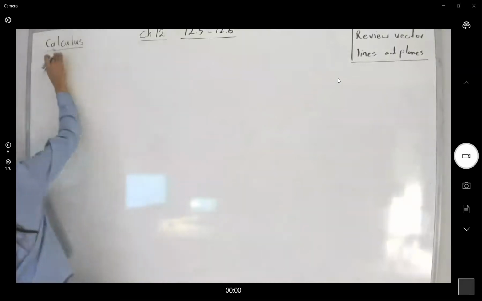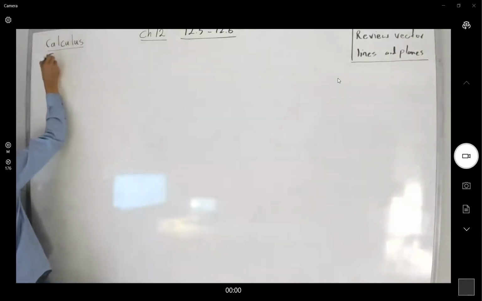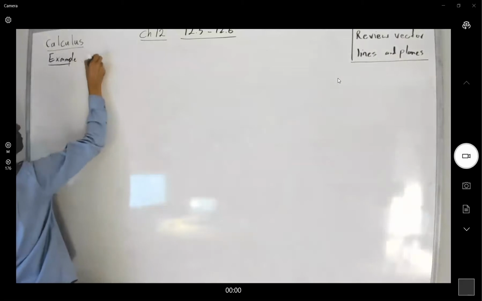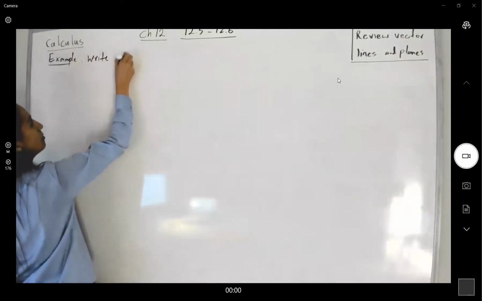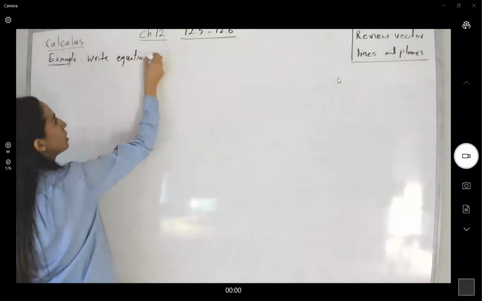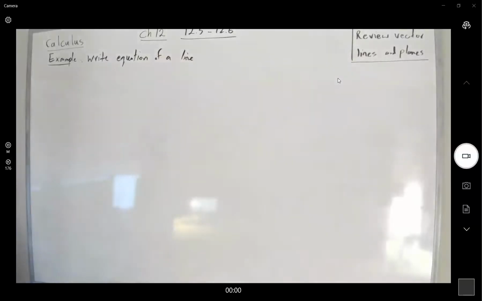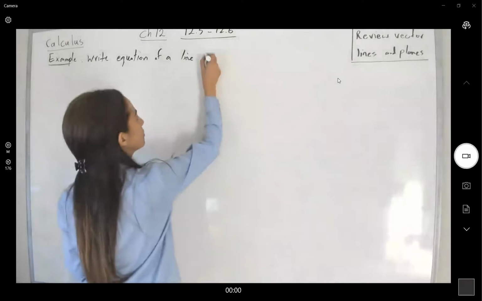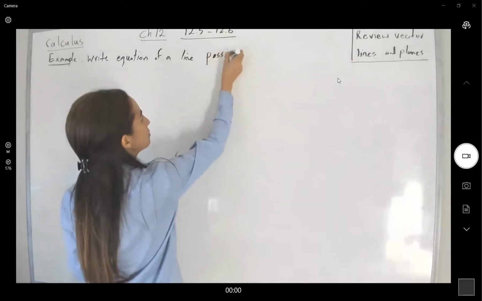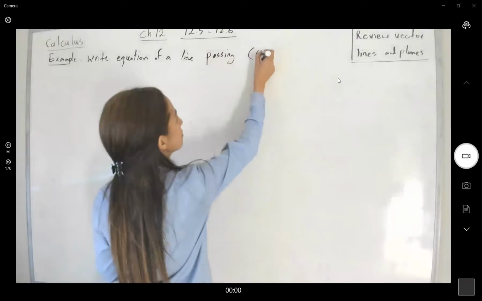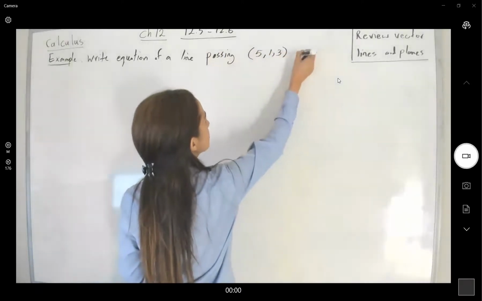Question says, write the equation of a line passing through the point, what is the point? 5, 1, 3.